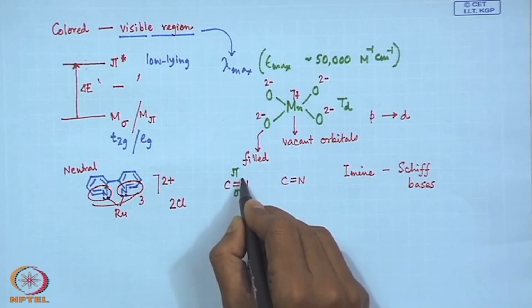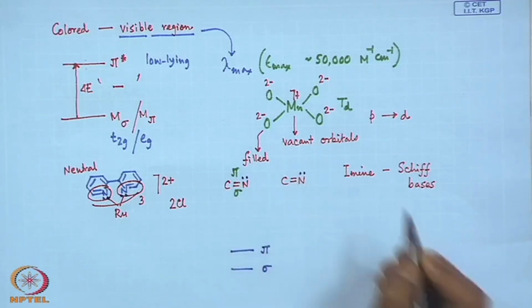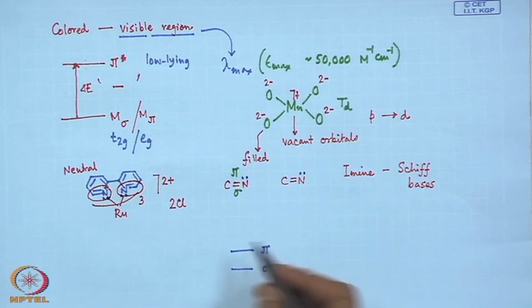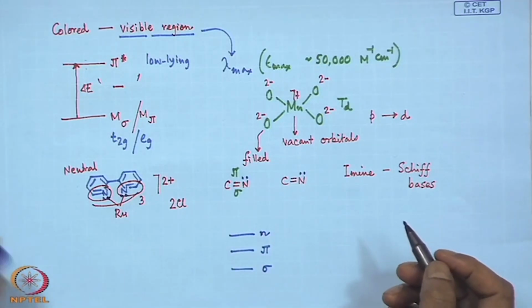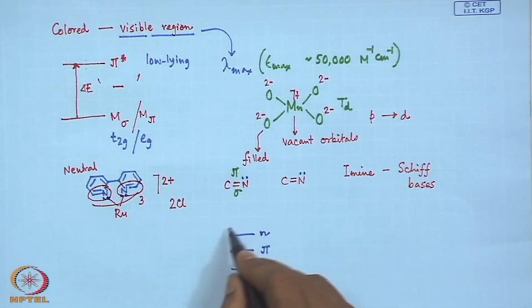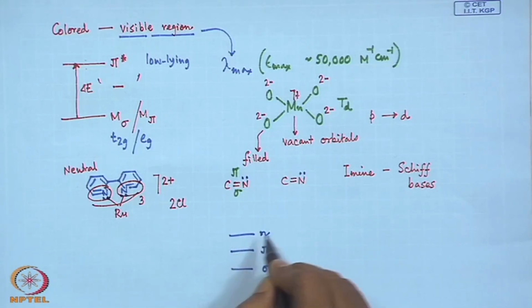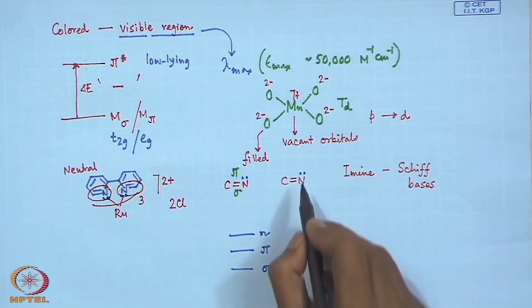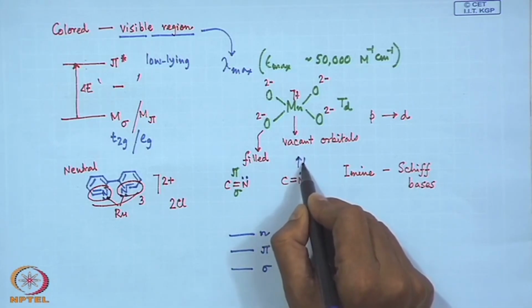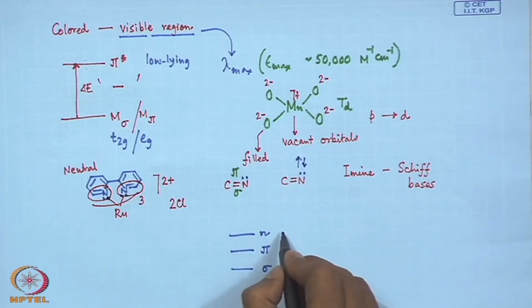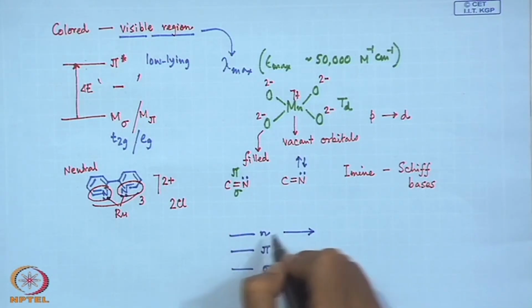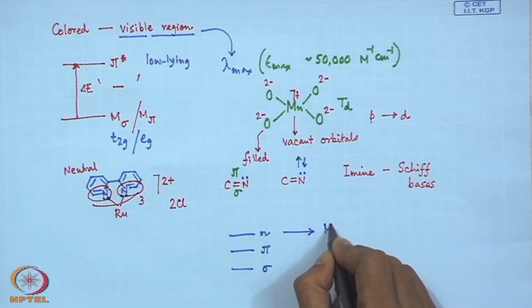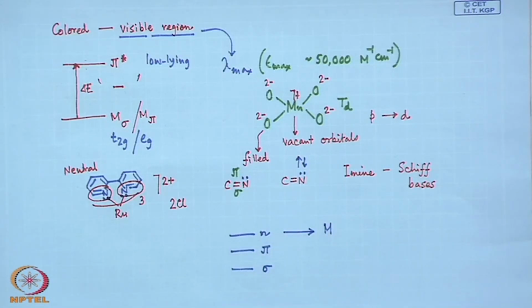These nitrogen lone pairs are basically utilized for donation to the metal centers. So, we have the n electrons, the non-bonding electrons, and these n electrons are engaged in forming the corresponding bonds. If these 2 non-bonding electrons on the nitrogen are donated to the metal center, that forms the corresponding coordinate bond.